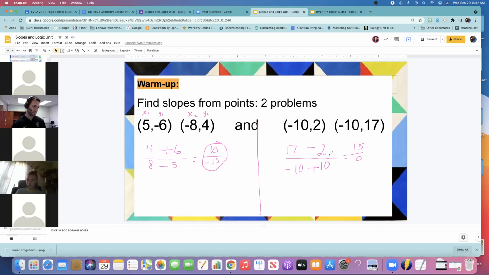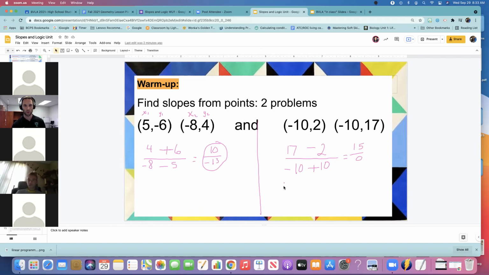What does that mean? Who can tell me? It looks like we rose 15, but we didn't run. Does everybody see a red flag?